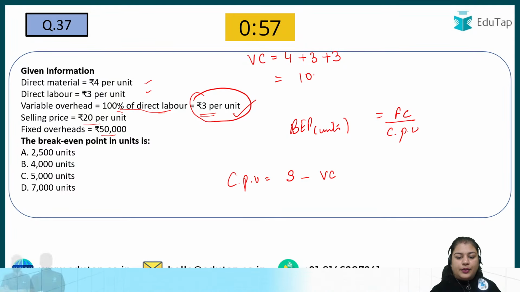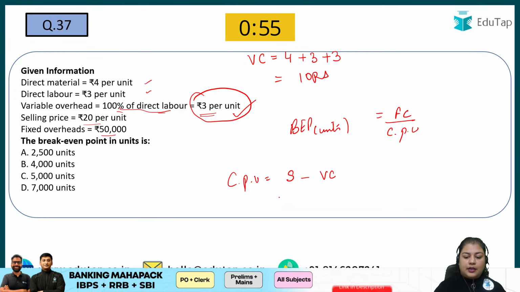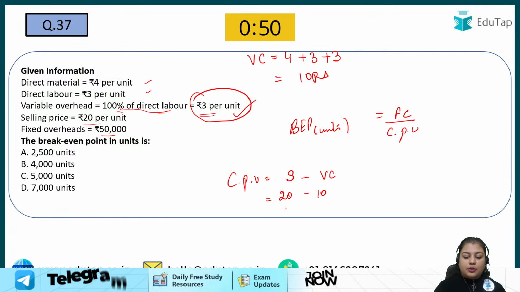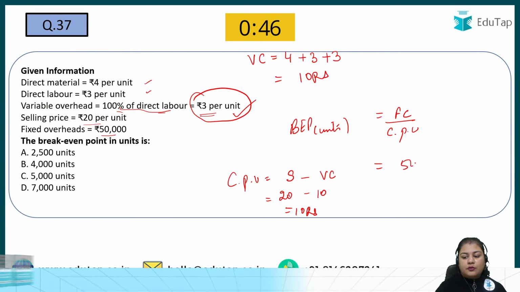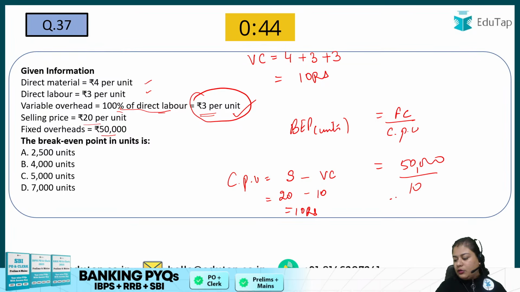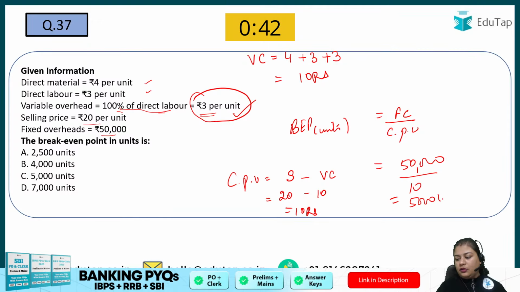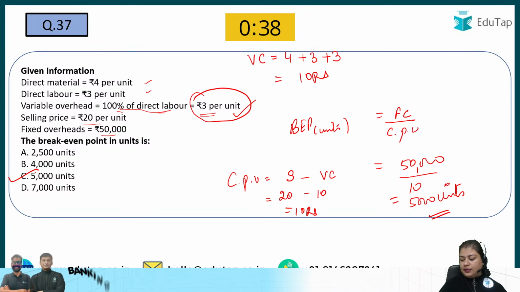So variable cost will be 10 rupees. Sales is 20, minus 10, that gives the contribution, 10 rupees. Fixed cost is 50,000 divided by 10 rupees, so it will be 5,000 units. So yes, 37C, everybody has answered it correctly. Very good.